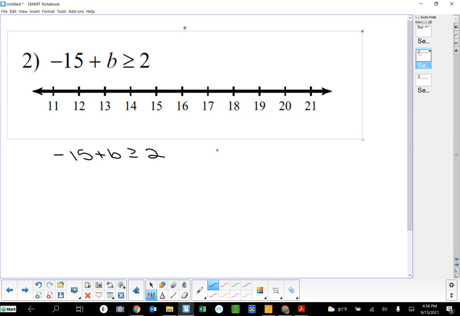So we're going to solve this like we would solve for b, or x, solve for the variable, like you would an equation with an equal sign in it, right? So we're going to want to isolate the variable, get the variable by itself.